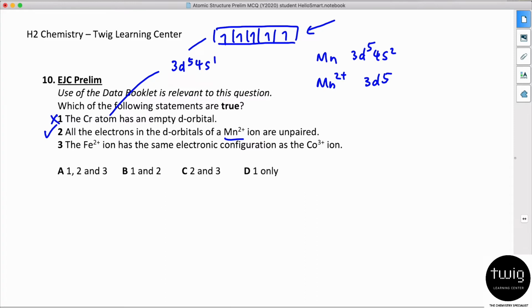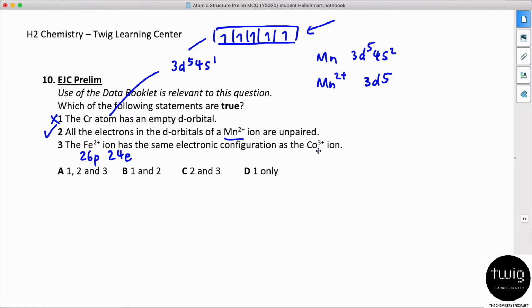The Fe2+ ion has the same electronic configuration as cobalt 3+. So let's look at iron. Iron has 26 protons. How many electrons? You take away 2 electrons, so it should be 24 electrons, because it's 2+.